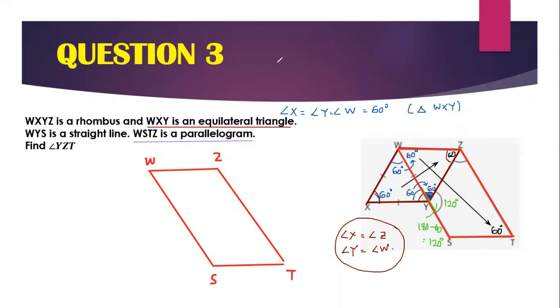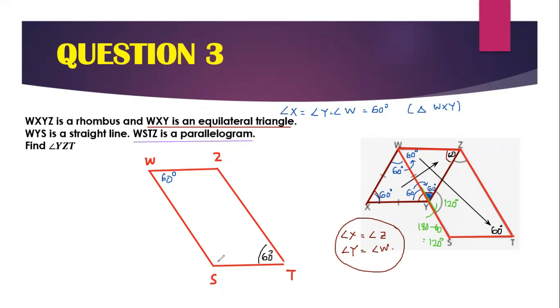The information is, here is 60 degrees. I'll make it blue color. This one 60 degrees, all right? And here is 60 degrees too, opposite to 60 degrees.